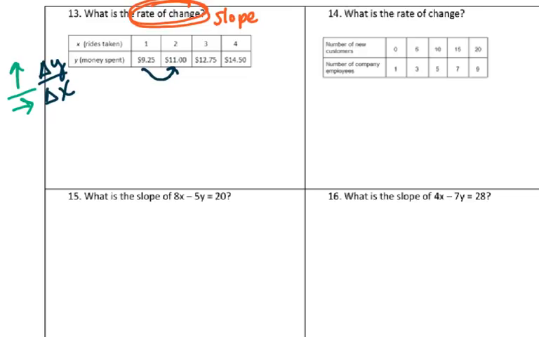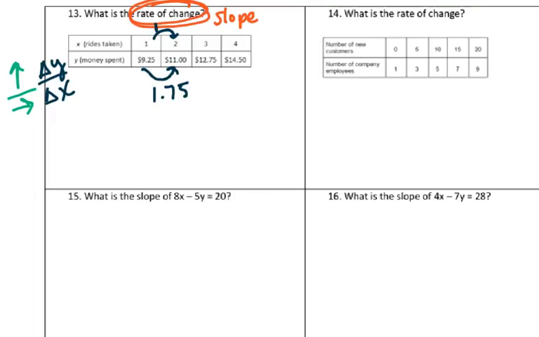And you are going to get the number 1.75. So that's the change in y's over the change in x. My change in x, it increased 1.